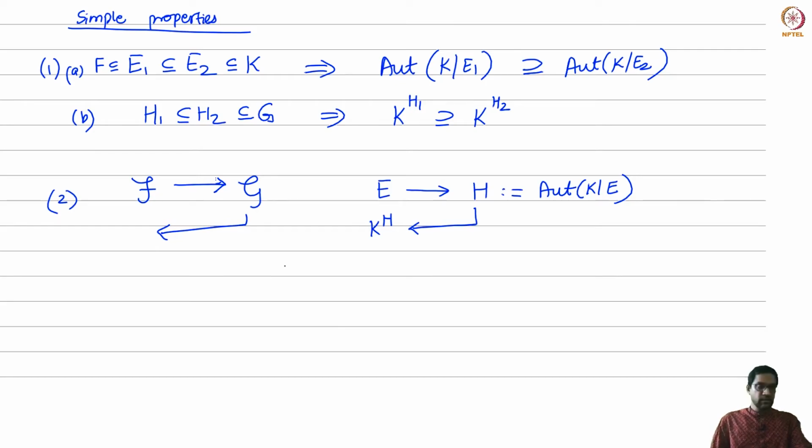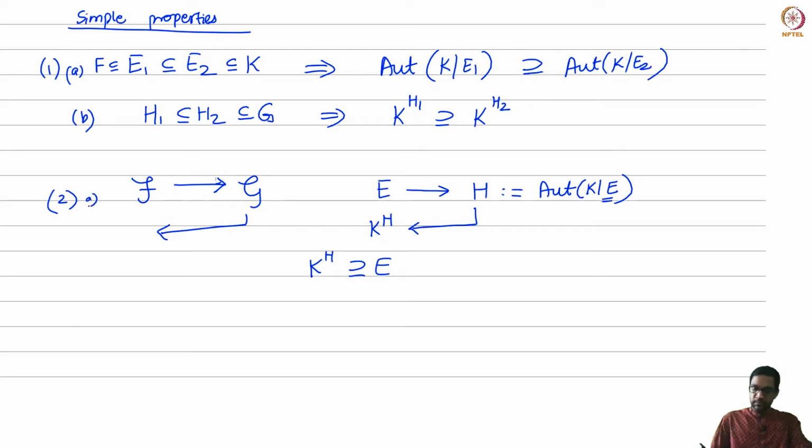Observe that K^H certainly contains E. Again by definition, because elements of H already fix every element of E, so the fixed field has to contain E. So this is one statement.